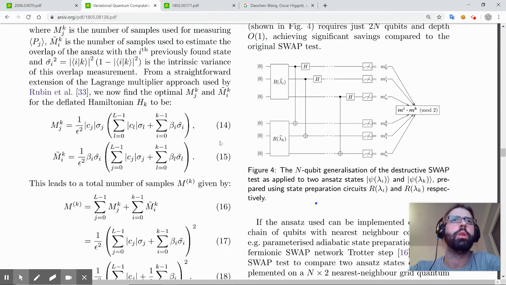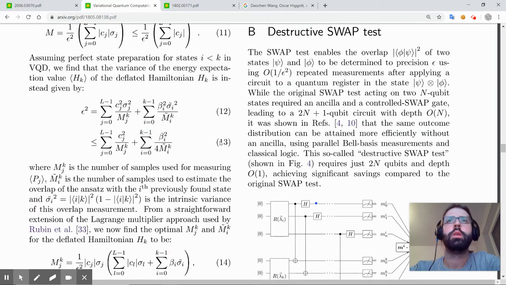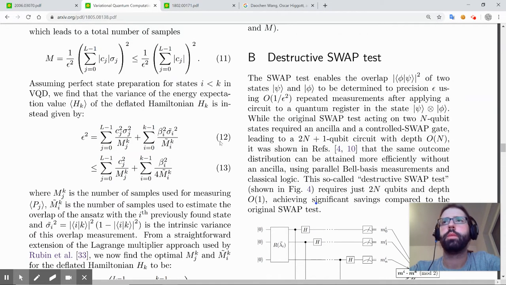Figure 4. The swap test enables the overlap of two states to be determined to precision, repeating measurements after applying a circuit on a quantum register in the state.